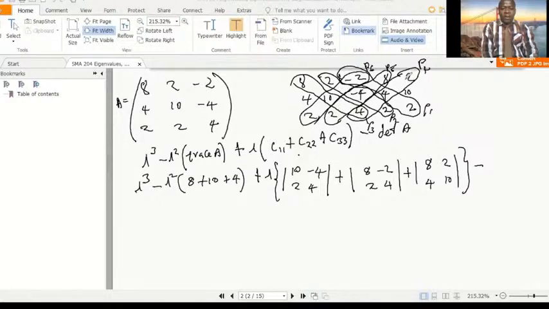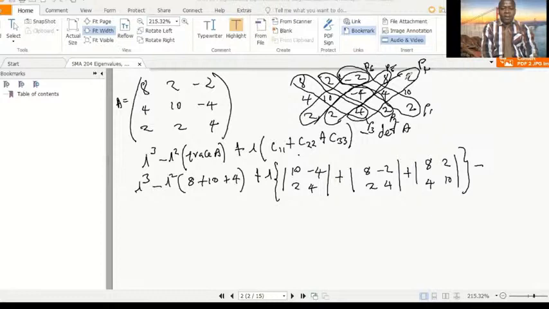Now, when you proceed, this would be lambda cubed. Now, what is this? This is 18 plus 4, that is 22. And what is this? This is lambda into, let's just find the sum here. The determinant here is 40 plus 8, which is 48.